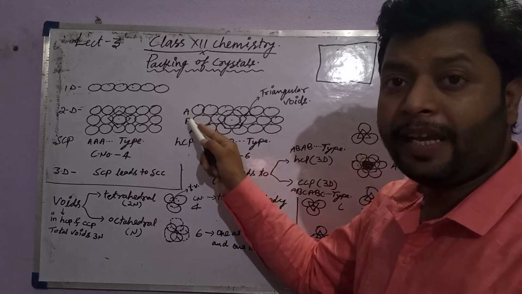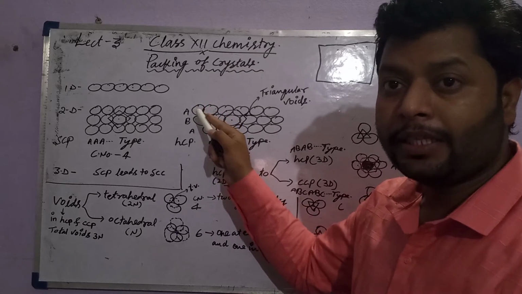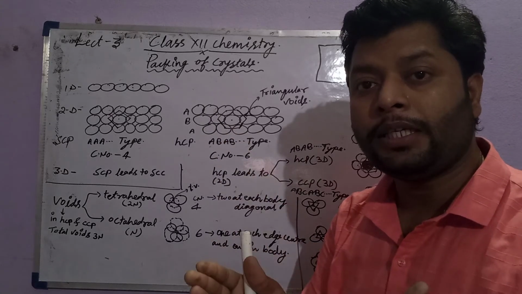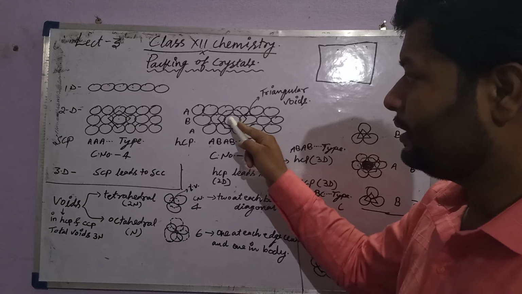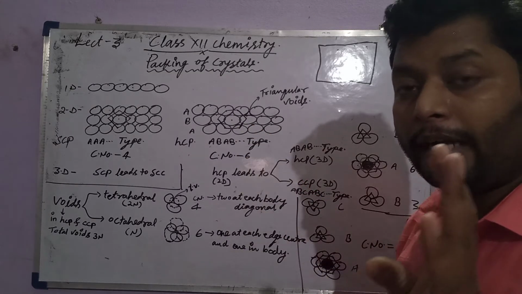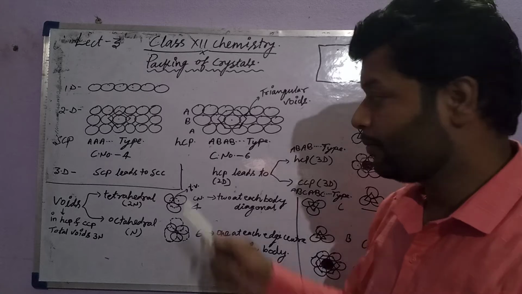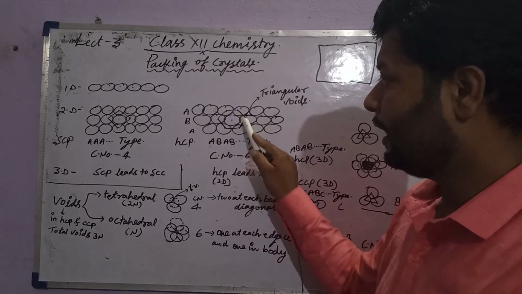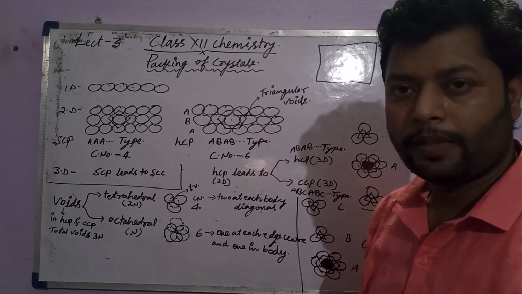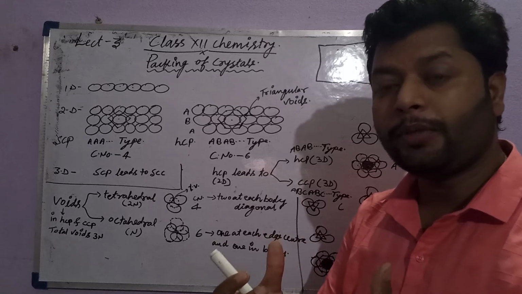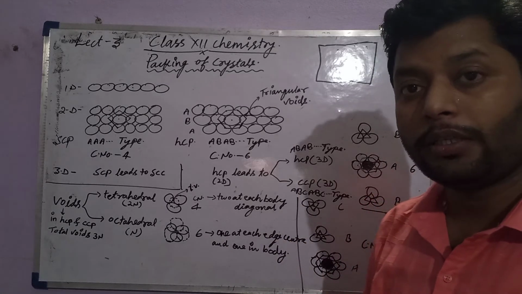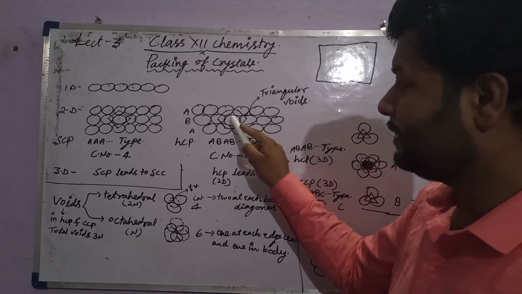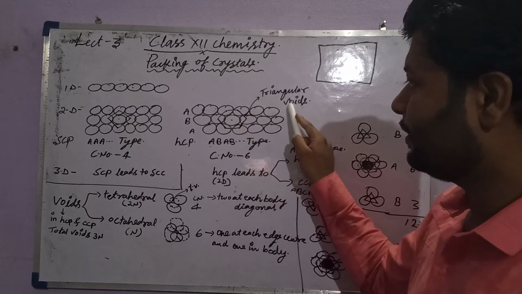That is called ABAB type, meaning the first row is A, the second row is B. Both are different rows and not perpendicularly aligned. In this situation, the center particle is attached with 6 different particles. That is called hexagonal close packing. The frame looks hexagonal in 2 dimensions.